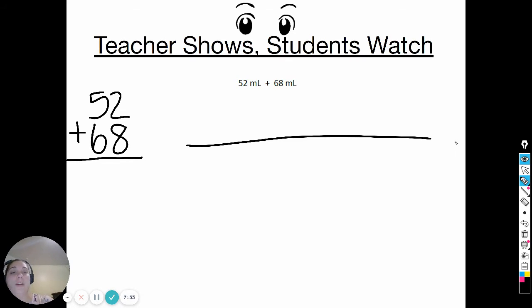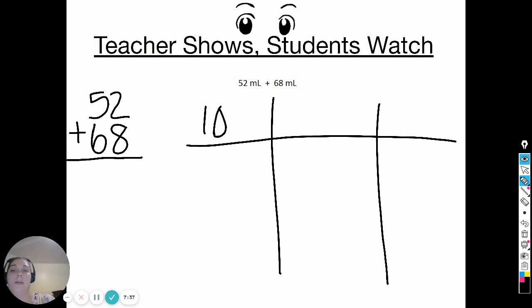I'm going to do my hundreds chart once again, just like we did yesterday. Hundreds place, tens place, ones place. Remember, make sure you're watching, because this example still will be a little bit different from yesterday once we get to the adding part.